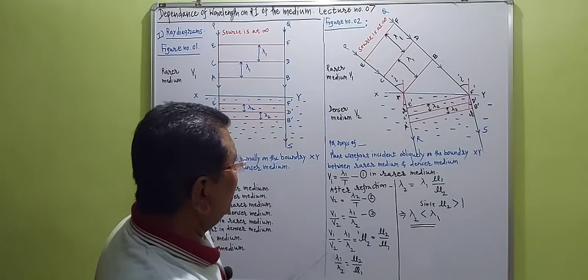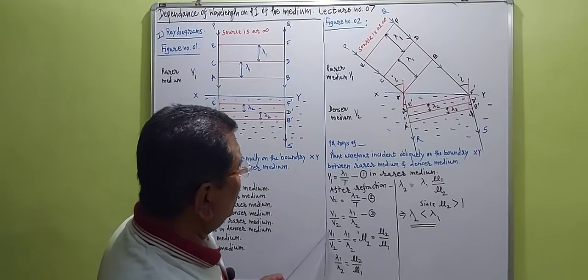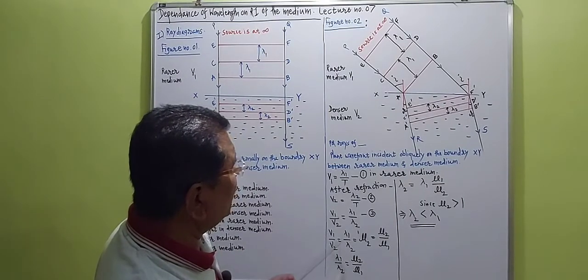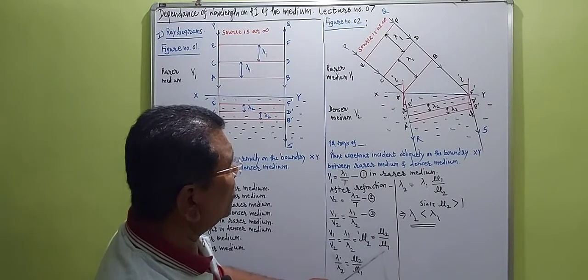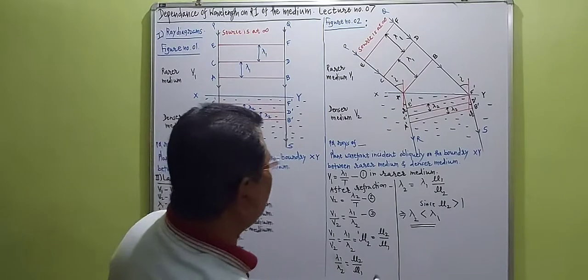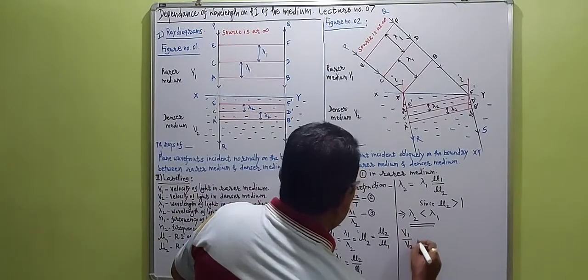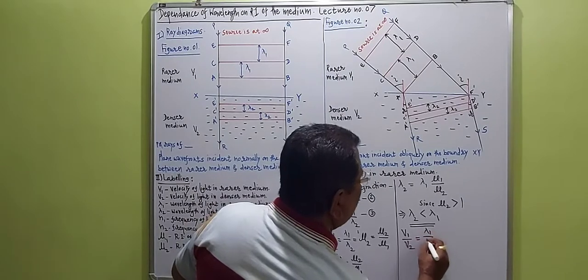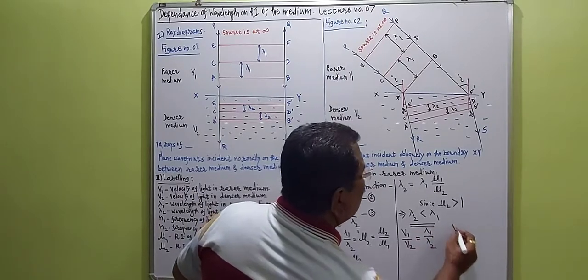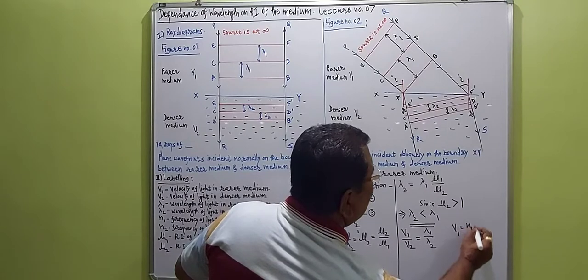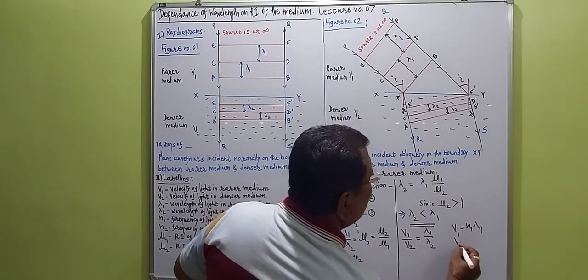Here we know V1 upon V2 is equal to lambda 1 upon lambda 2 is equal to mu 2 upon mu 1. Or we can write only this: V1 upon V2 is equal to lambda 1 upon lambda 2. So what is V1? V1 is equal to N1 lambda 1. What is V2?